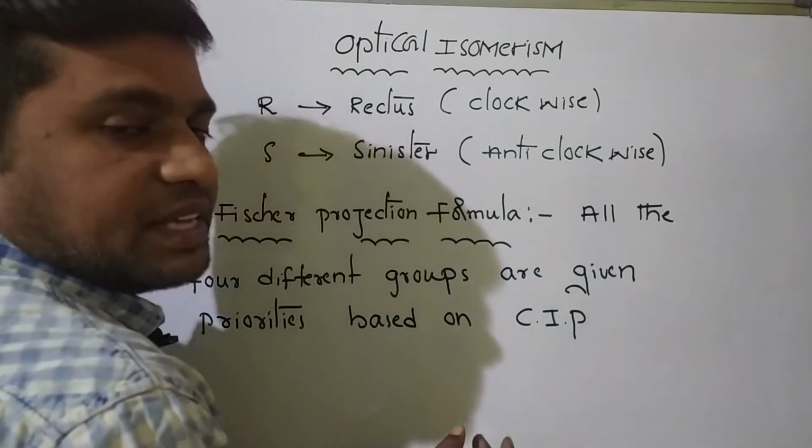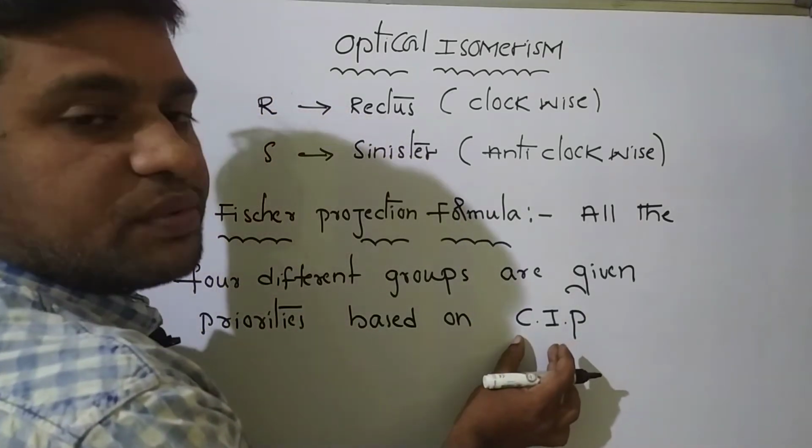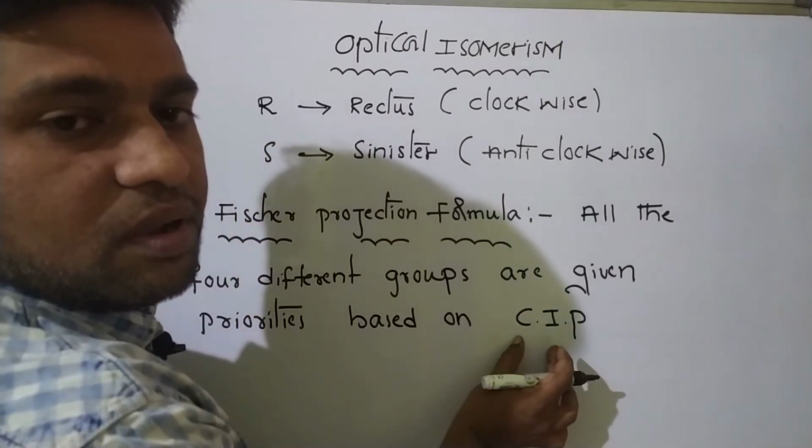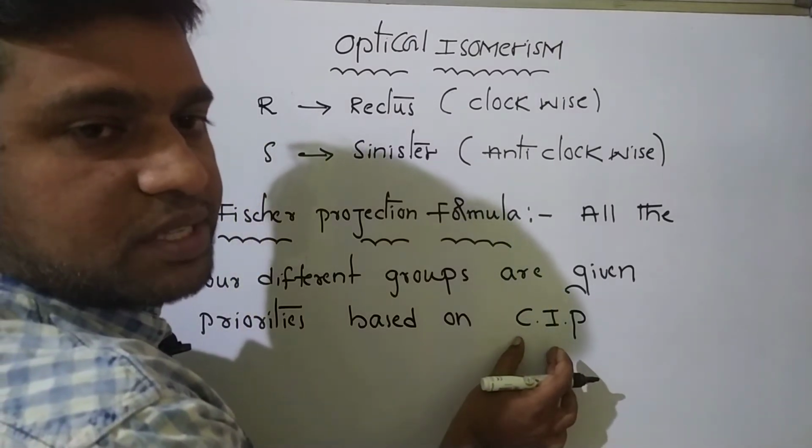Already we discussed this under the heading of EZ configuration, in case of geometrical isomerism.